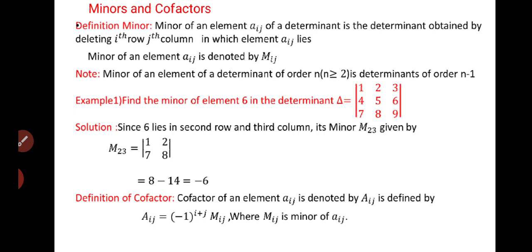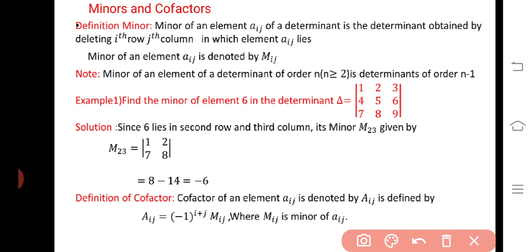For example, if aij is a11, then you have to delete the first row and first column. Whatever elements are remaining, you have to simplify. Minor is always denoted as capital Mij.